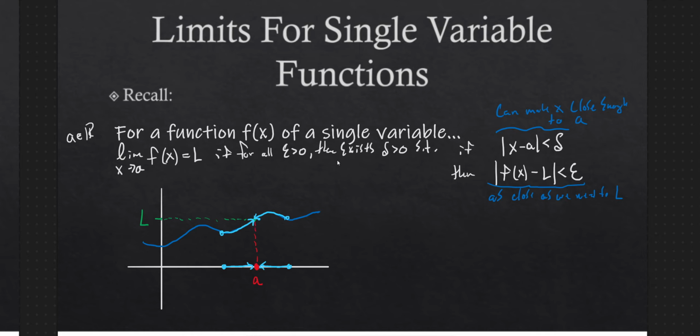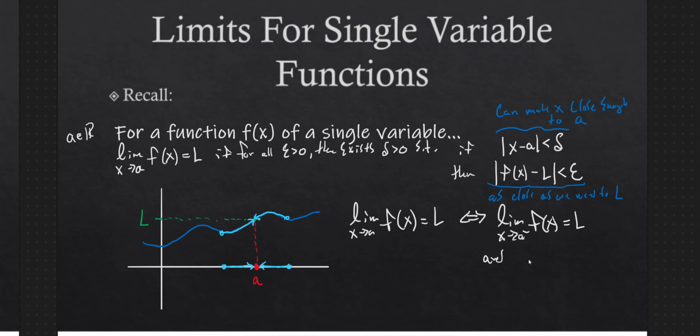This is the familiar theorem: limit as x approaches a of f of x is equal to L if and only if limit as x approaches a from the left of f of x is equal to L, and limit as x approaches a from the right of f of x is equal to L. This was a really useful way to think about limits, that we needed to be able to approach from the left and from the right in order to prove that the two-sided limit exists.